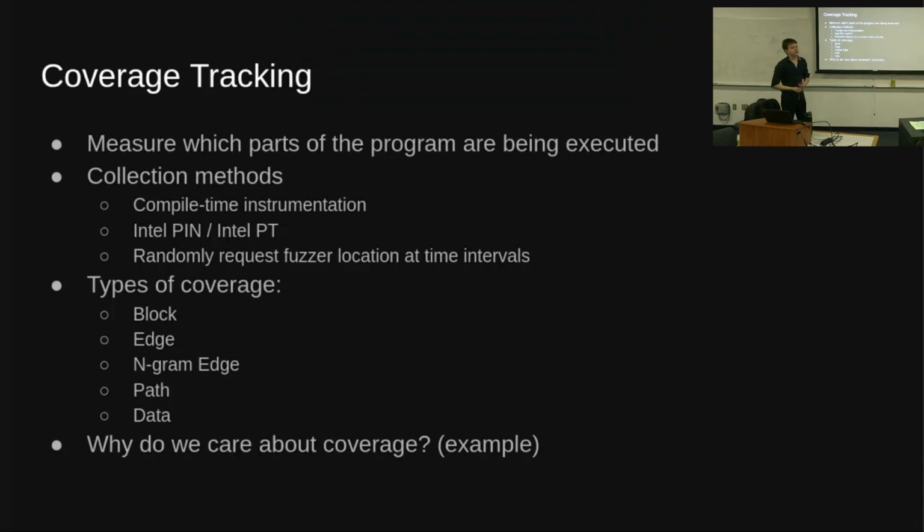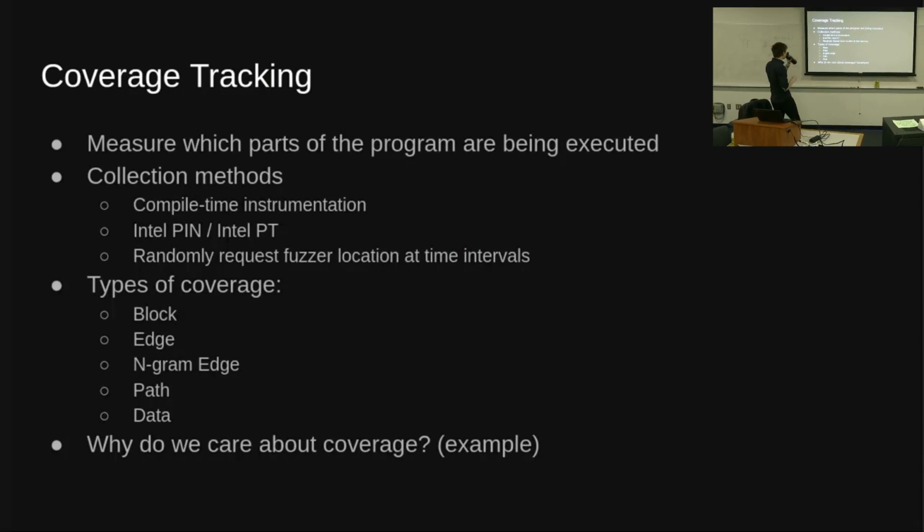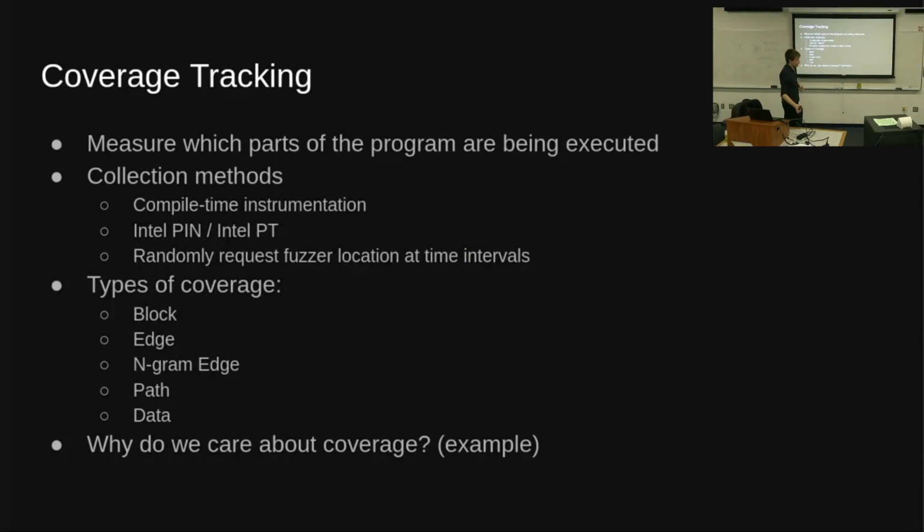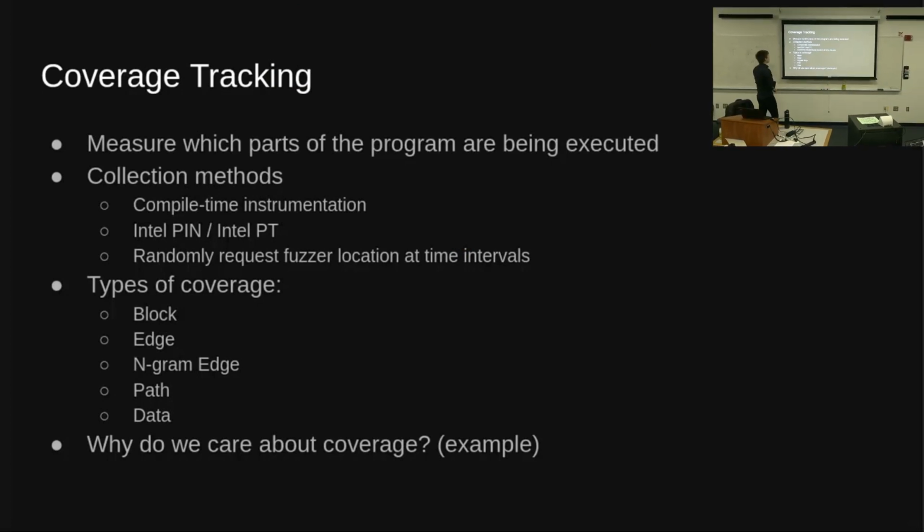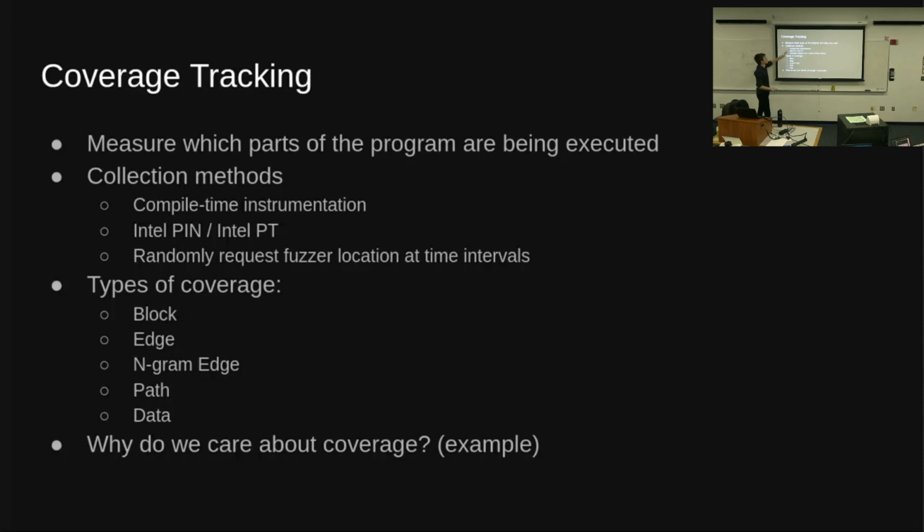Let's talk about some different ways of doing this coverage tracking. We simplified it by saying the compiler realizes when it's executing a branch it hasn't hit before. But how does the compiler actually know that? There are a few different ways to do it. The first collection method is to instrument the program at compile time.